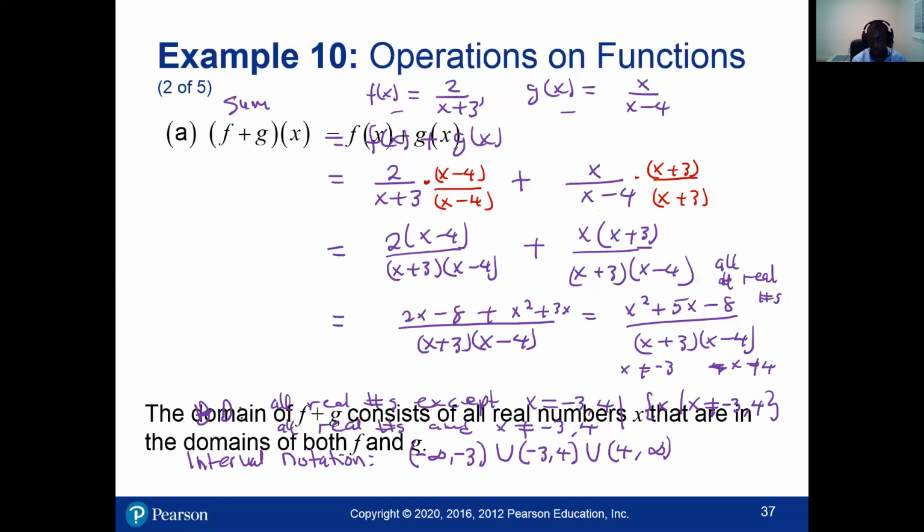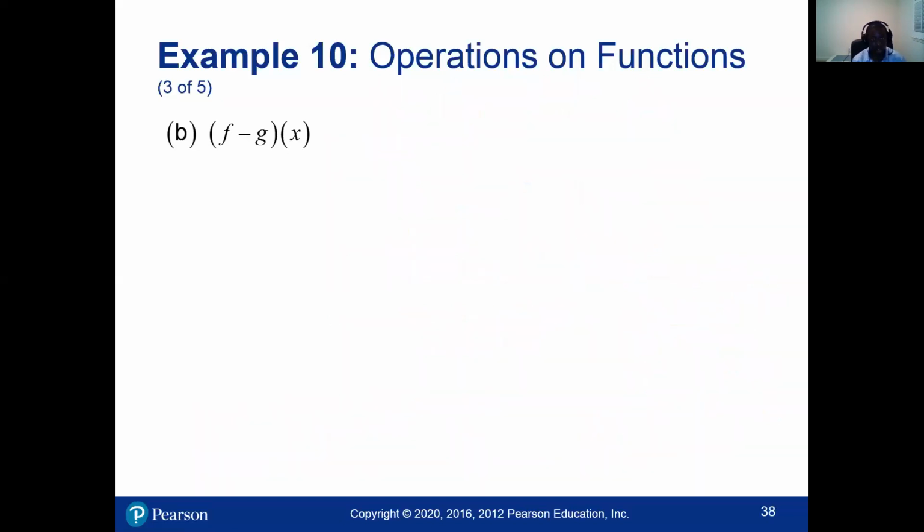Okay, we have written the domain. All right, so now let's go to f of x minus g. Okay, this is f of x minus g of x. Then what's that? It's the same thing. 2 over what? X plus 3, and then plus x over, sorry, I'll change it to -4.